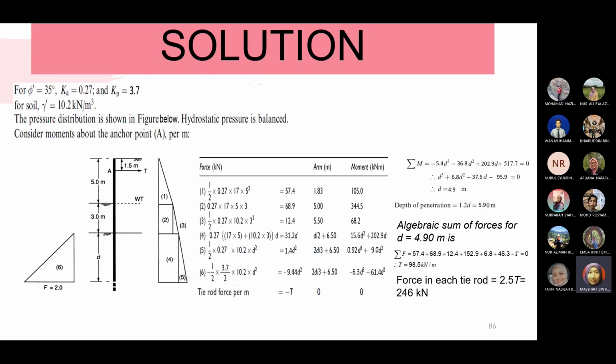Okay, for these conditions, water table berada di kedua-dua side, left and right side ataupun at the back and in front of the wall. So you kena masukkan the hydrostatic pressure in the calculations. So dalam kes ni, there's another additional pressure lah. Dia bukan daripada unit weight of the soil saja.